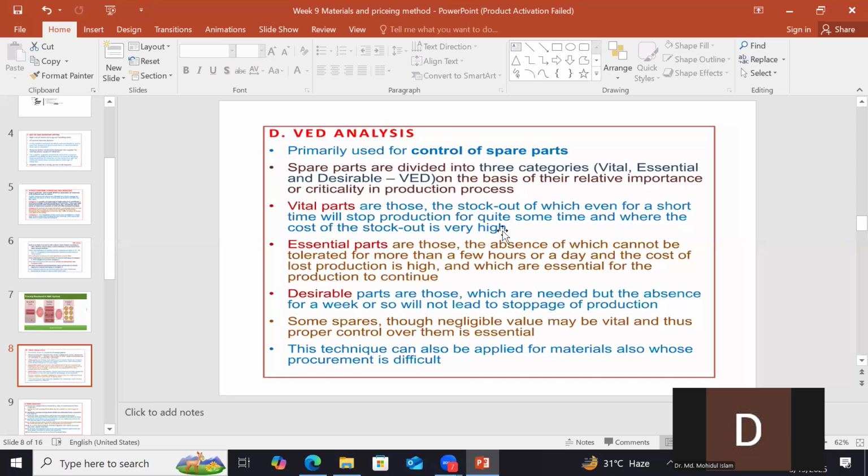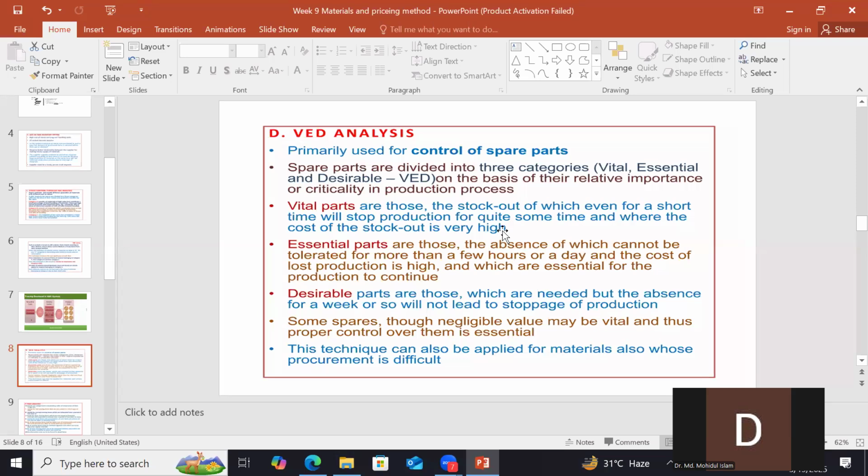If some device or situation is very essential and needed for production, and this device or product is short even for a very short period, then production cost will be very high. This part is called a vital part.